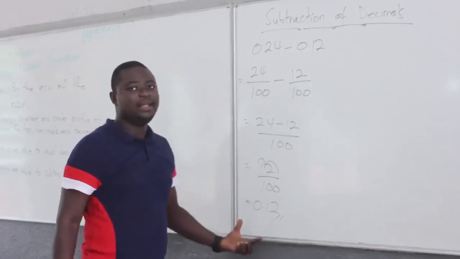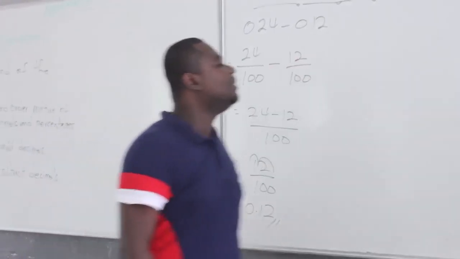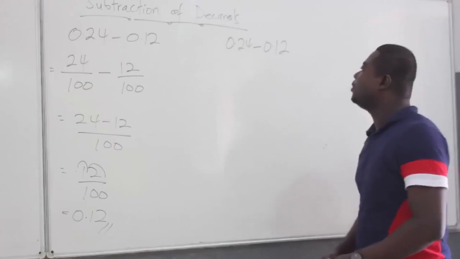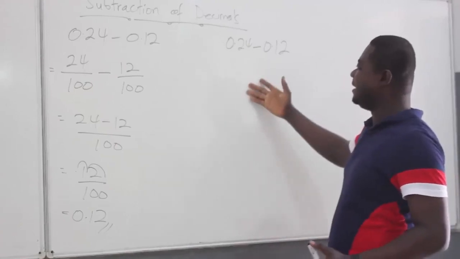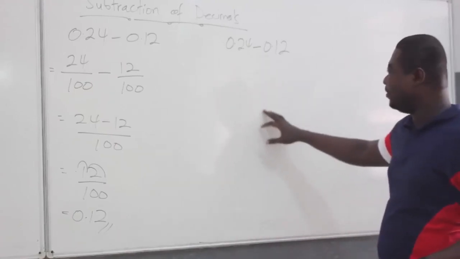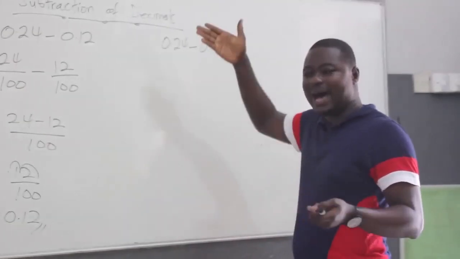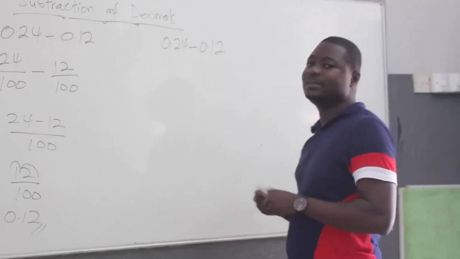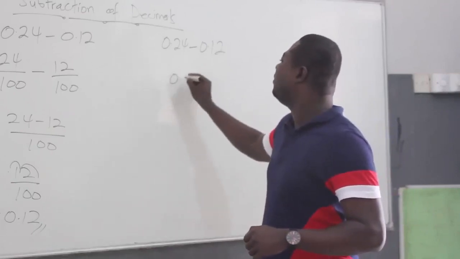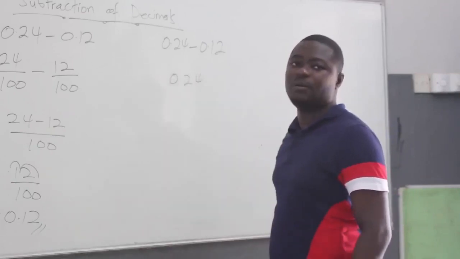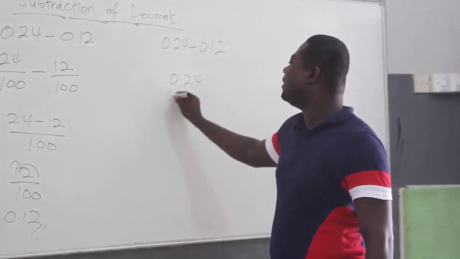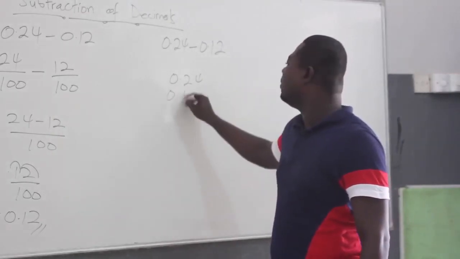So that's one way. Now let's move on to the other method. With this method, we maintain the decimal. Then you arrange them so that the decimal points are all in line. So 0.24. Then we have 0.12.